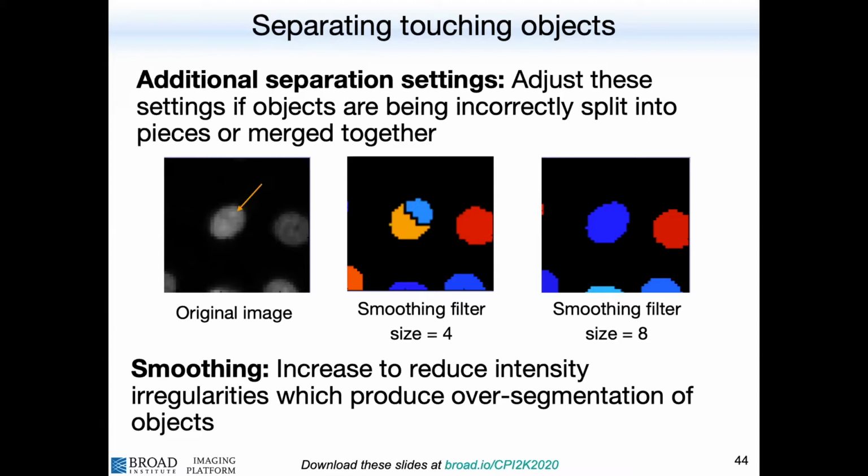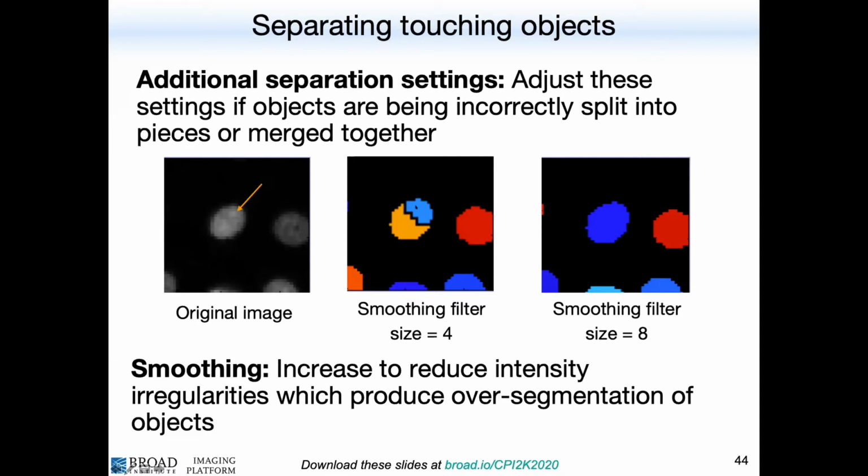You see, for example, this nucleus is a bit crunchy. It has some sort of bright spot here on the top half. And this is pretty common in a lot of objects, especially in mouse nuclei. They tend to have these bright heterochromatin blobs. So in this case, we want to smooth this image before detecting the object.